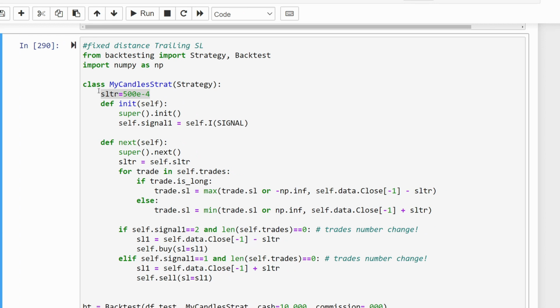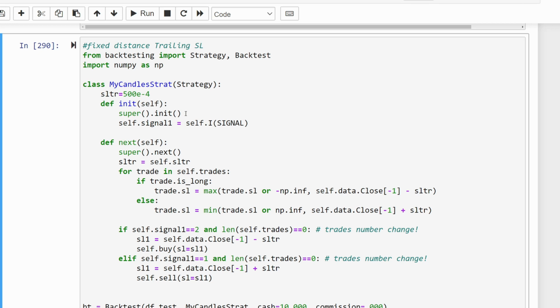Then I'm going to define a variable, the stop loss trail, which is equal to 500 by 10 exponent minus 4, depending on the precision of the data you have. Here we have a precision of 10 to minus 5, so this is a value that we can experiment on. We can put 600, 650, and so on. I have tried quickly a few different values, and I found good results for 500 by 10 minus 4 distance for the stop loss trail.